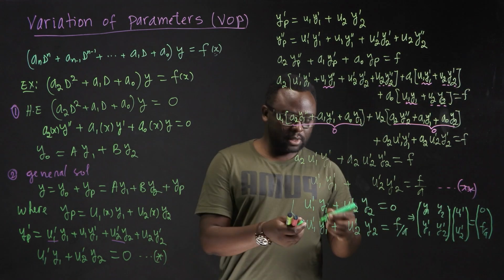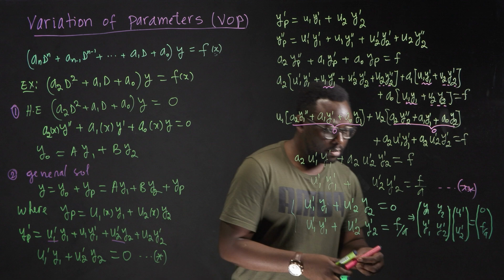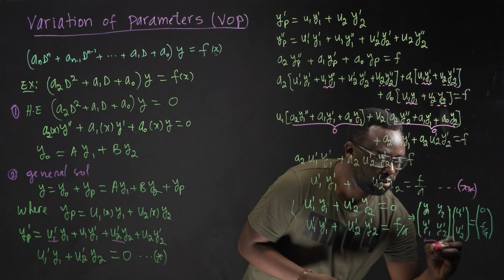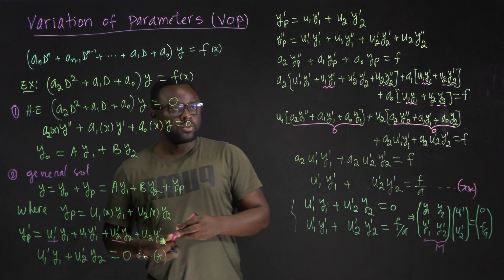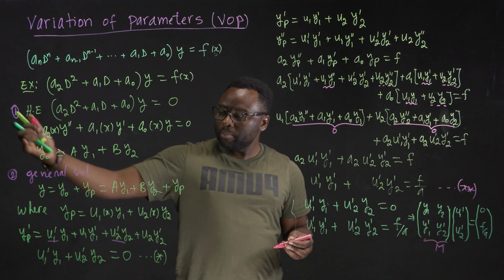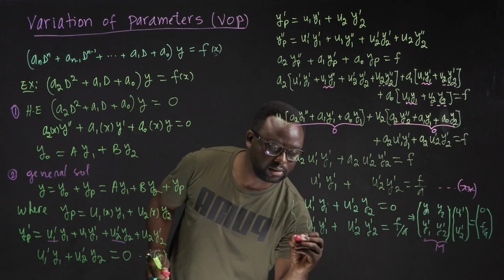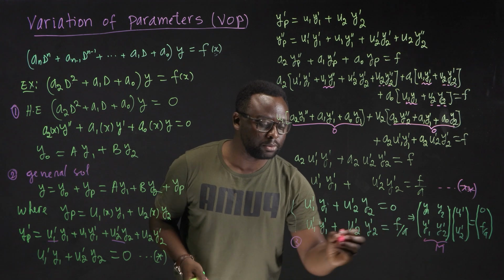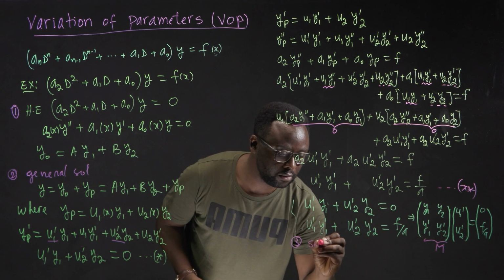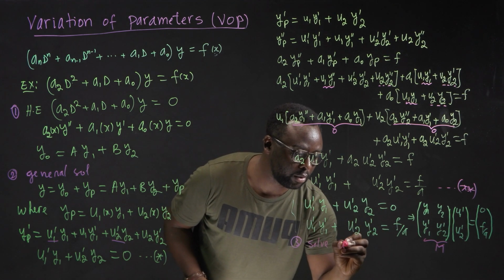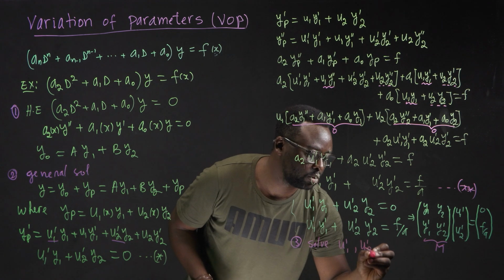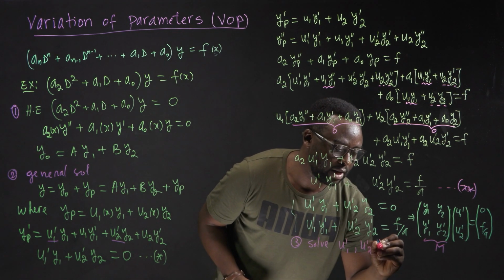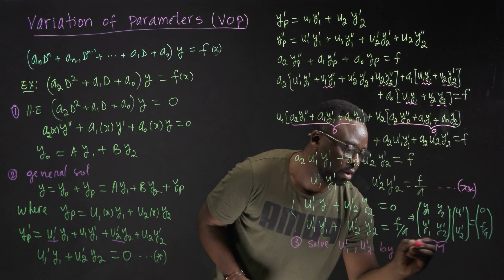All right, let's call this one a matrix M. Okay, let's call this M. So we have the first step, the second step, then the third step consists of solving for u1 prime and u2 prime. So we solve for u1 prime and u2 prime, okay, by using the inverse of this matrix.